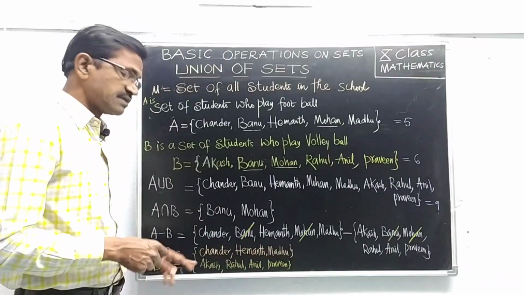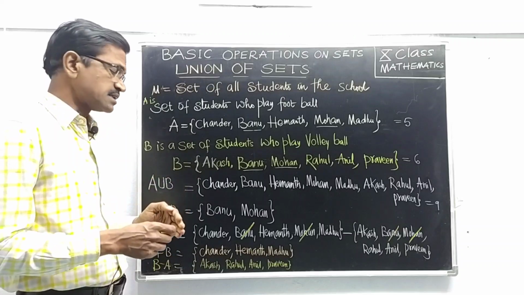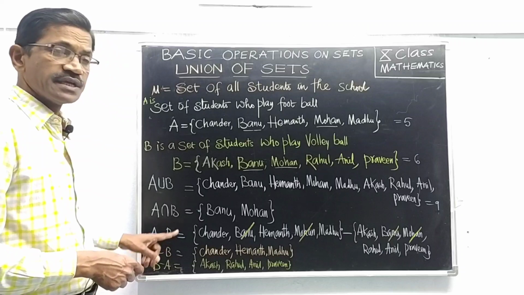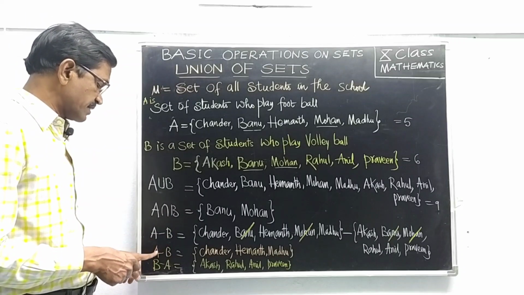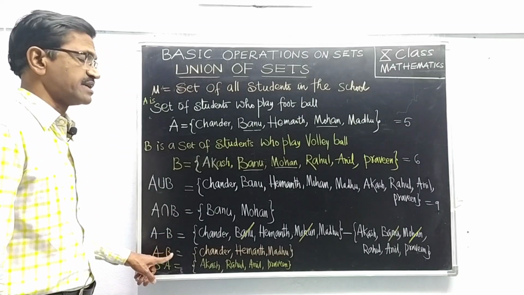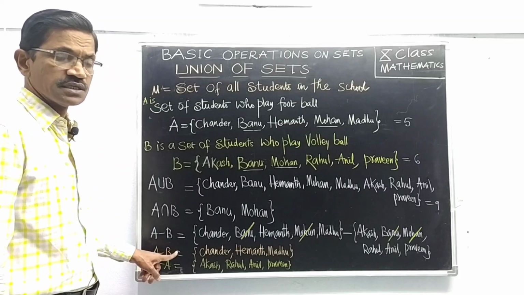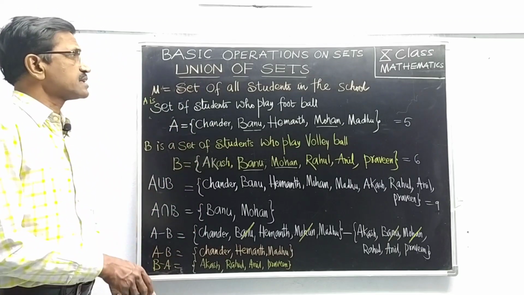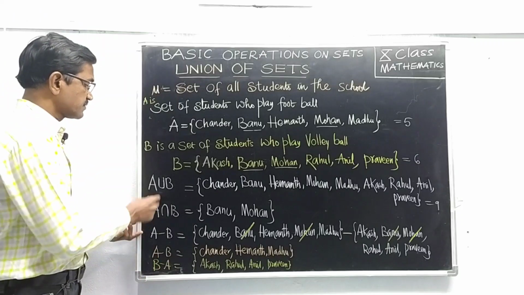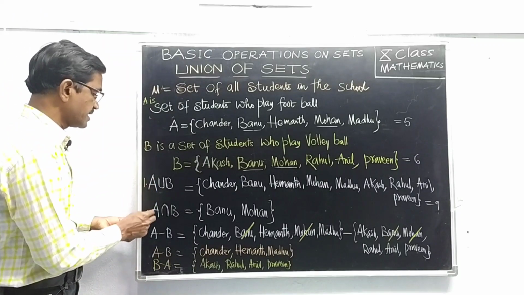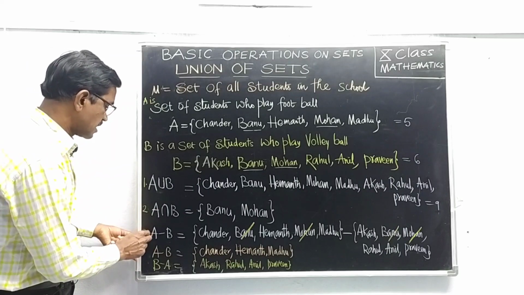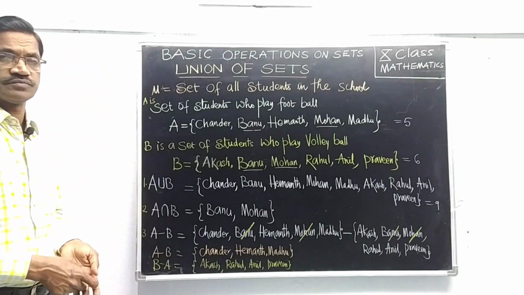B minus A means the set which contains only the elements in B but not in A. A minus B, the set contains only the elements in A but not in B. Minus means but not. So, in this way, there are three basic operations on sets. First one A union B, second one A intersection B, third one A minus B.